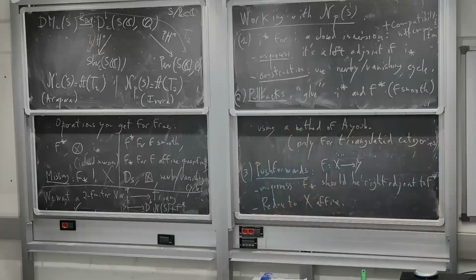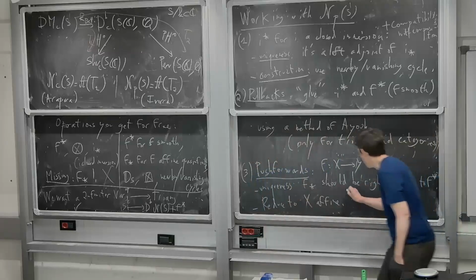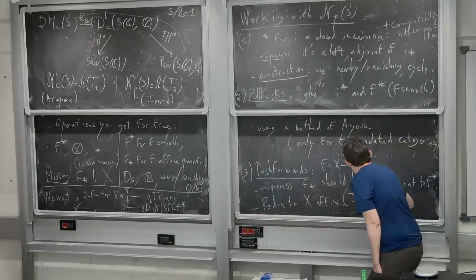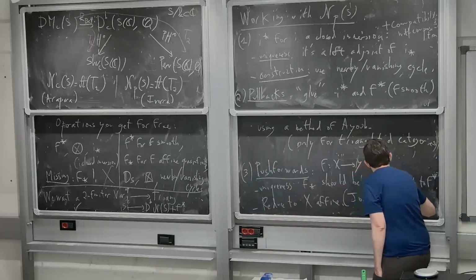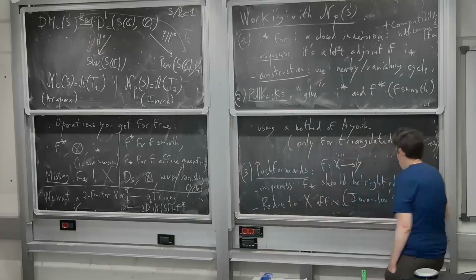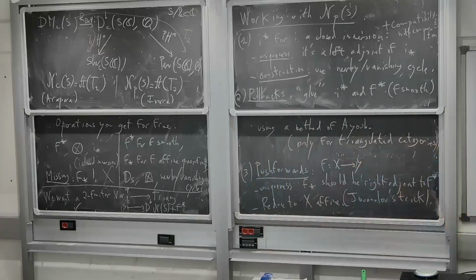And the first way we did that was to use a Čech covering. But you can actually be even more efficient. You use Jouanolou's trick. I don't know if you've all seen Jouanolou's trick.